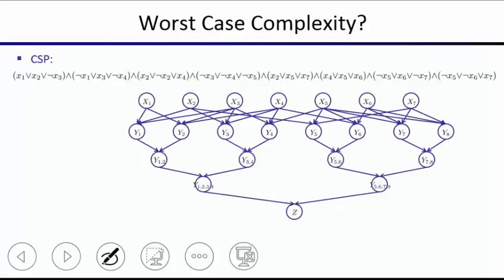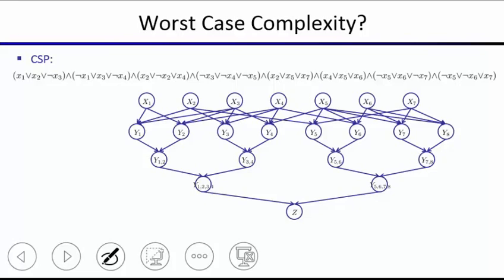What I'm going to show on this slide is that there's a family of BayesNets, an example is shown on this slide, for which if you came up with an efficient way of computing the answer to the query, you just proved that P equals NP, which makes it extremely unlikely somebody will come up with a general purpose exact inference algorithm for BayesNets. So here's how we show this.